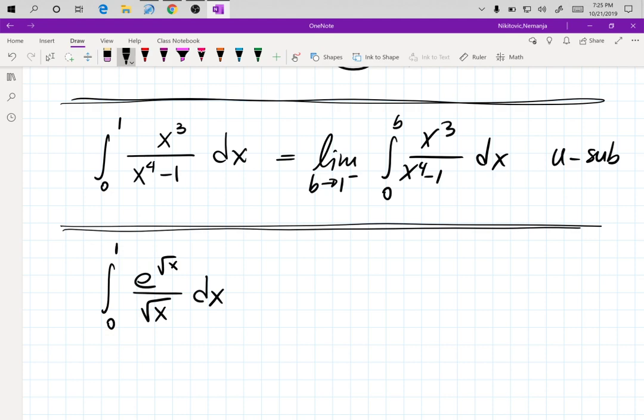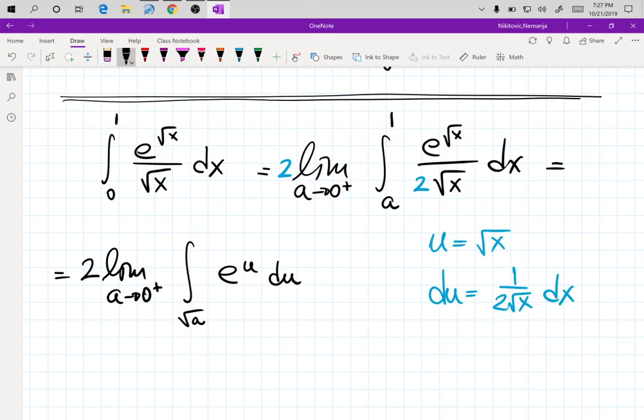And now I have 2 times the limit as a goes to 0 plus, and the integral becomes e to the u du. Now plug these limits into the u substitution. We get root a, and we get 1, because the square root of 1 is still 1. So now we don't have to go back to x. We can just finish all of this.